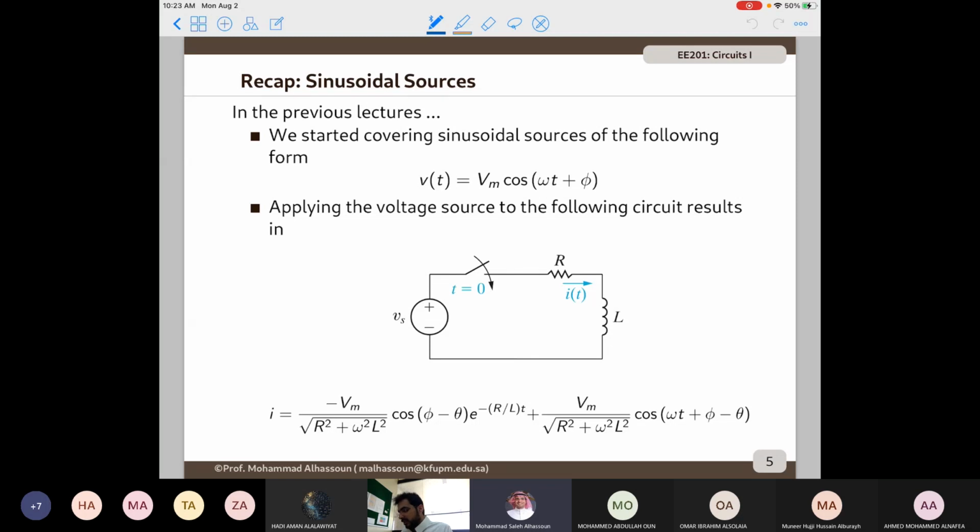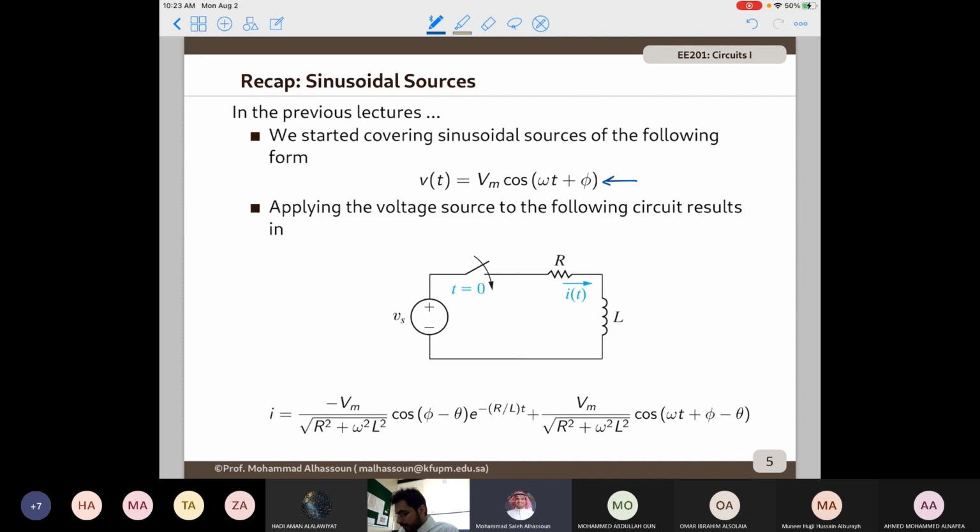A sinusoidal source can be characterized with the following equation. It has a sinusoidal variation with respect to time, meaning that it could be cosine or sine. But in this course, we're going to use the cosine convention.